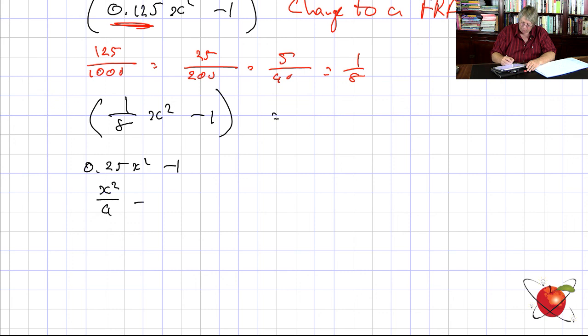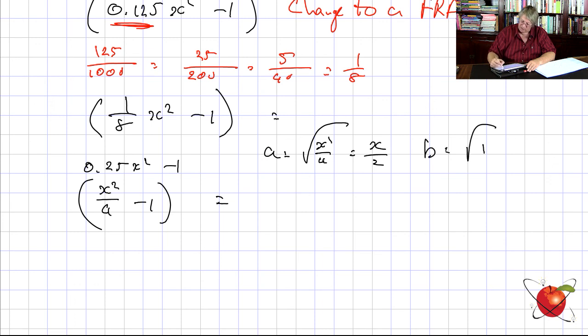X squared over 4 minus 1. And that's going to be, a is going to be the square root of x squared over 4, which is going to be x over 2. And b is going to be the square root of 1, which is equal to 1. So we go x over 2 plus 1, double bracket, x over 2 minus 1.